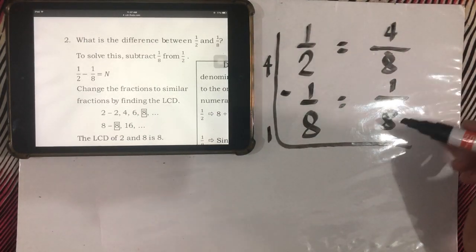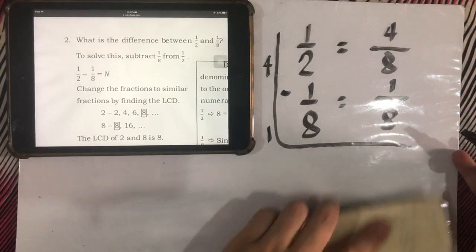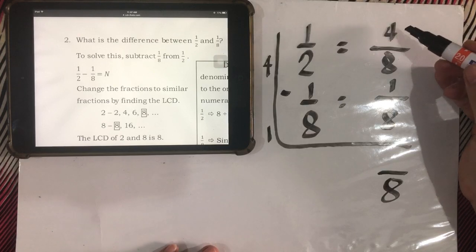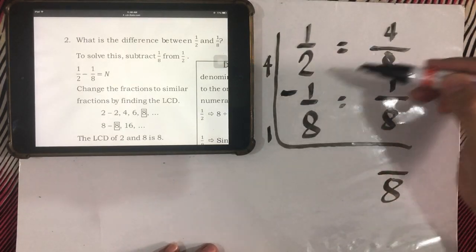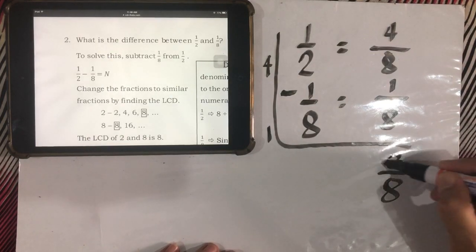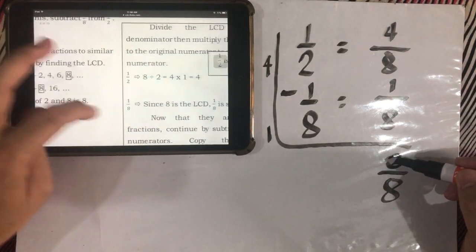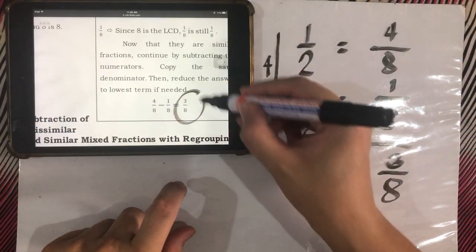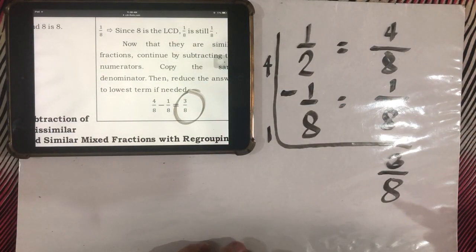So, kopyahin mo lang yung 8, yung denominator. And then, subtract rather, yung numerator. So, 4 minus 1, you have 3. Okay? So, ayun, no? 3/8 ang lumabas na sagot.